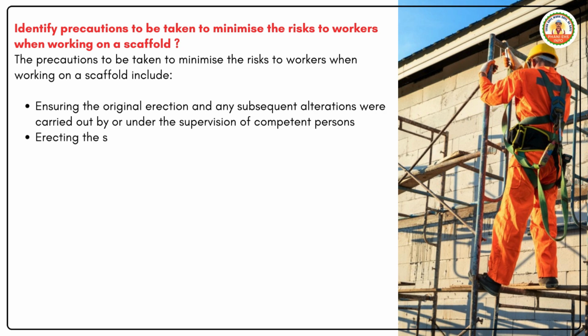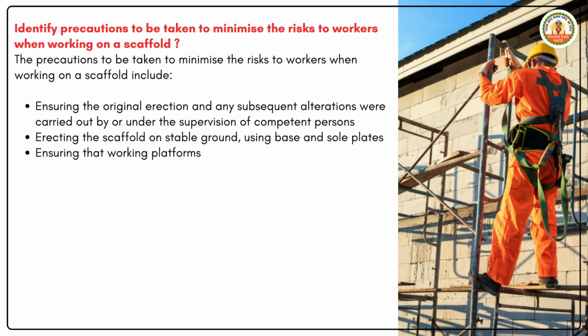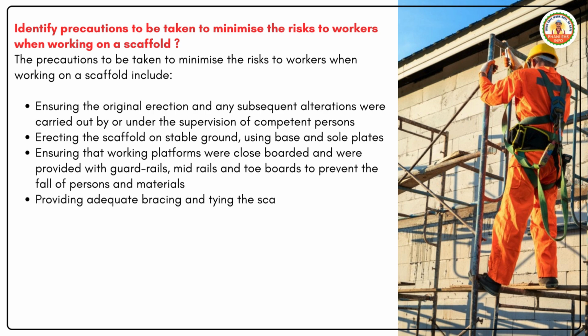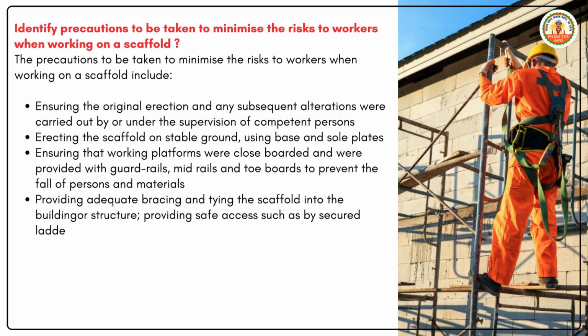Erecting the scaffold on stable ground using base and sole plates. Ensuring that working platforms were close-boarded and were provided with guardrails, mid-rails and toe boards to prevent the fall of persons and materials. Providing adequate bracing and tying the scaffold into the building or structure, providing safe access such as by secured ladders to the working platforms.